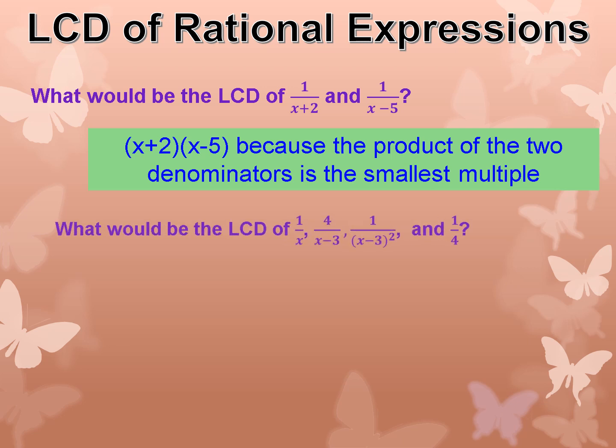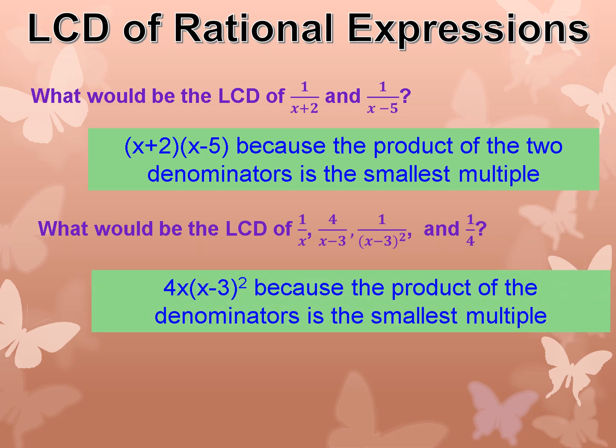Let's look at another example. What would be the LCD of 1 over x, 4 over x minus 3, 1 over x minus 3 squared, and 1 over 4? Now, this is a little bit more challenging. So I'm going to show you the answer, and then we're going to talk through why it is the answer.